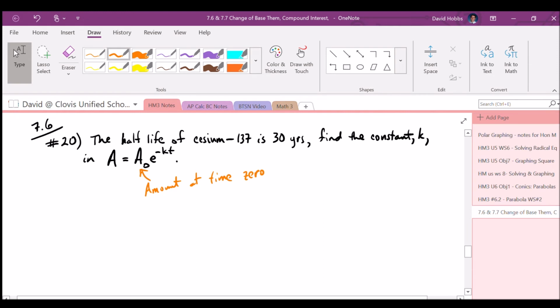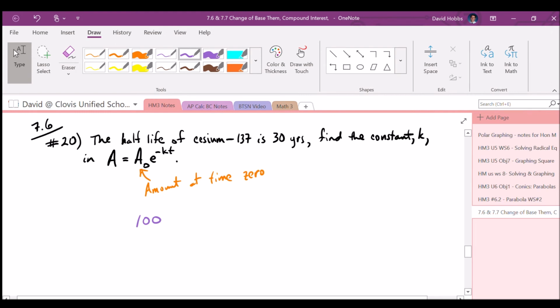We're using this formula, the amount at time 0, in other words, the initial amount. By the way, they didn't tell us how much we're starting with. So my recommendation for the amount to start with, particularly with half-life, is just start with 100 of whatever it is. It makes it a lot easier on yourself. So A sub 0 is 100.